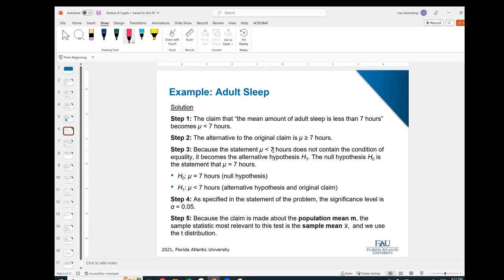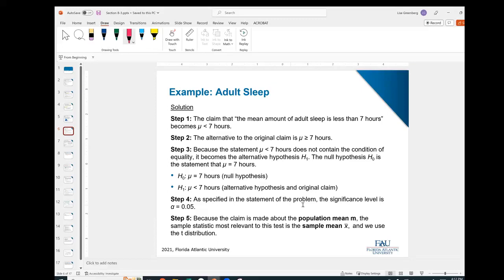Because the statement mu is less than 7 hours does not contain the condition of equality, it becomes the alternative hypothesis. The null hypothesis is the statement that mu equals 7 hours. So there's our null and our alternative, which is our original claim, and we already saw that.